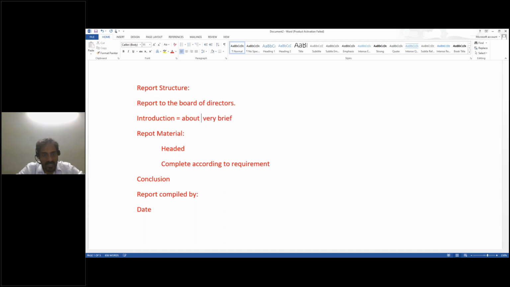That is about the report, and that should be very brief, not a detailed one. Maximum 3 lines, 3 to 4 points, a briefing on what the report is about. Then start with the material. All the material must be headed and made complete according to the requirement. Sir, what does that mean? Headed and complete according to the requirement.